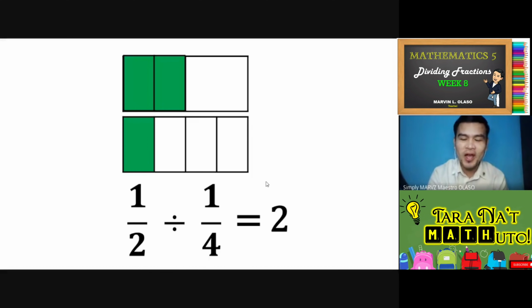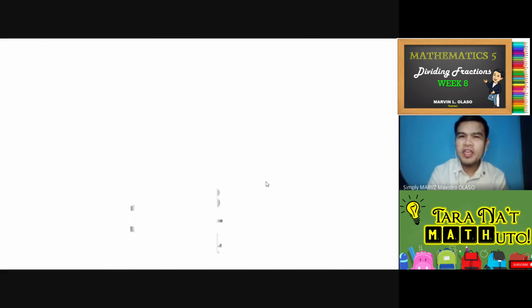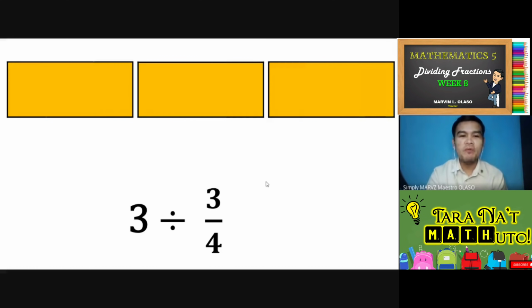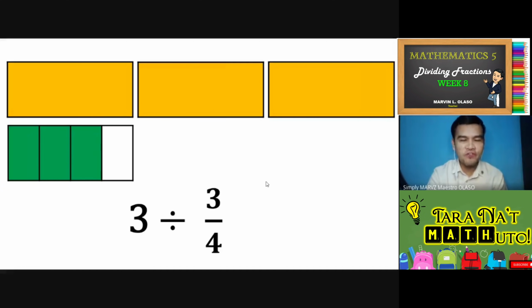Now, let's have another one. What if we have 3 divided by 3/4? Sige nga. So, let us illustrate. We have 3 wholes, tatlong buo. Then we have 3/4. The question now is, how many 3/4 are there in 3 wholes?